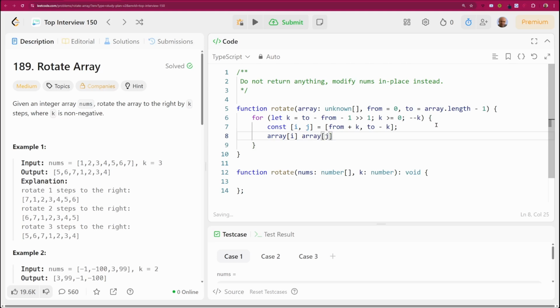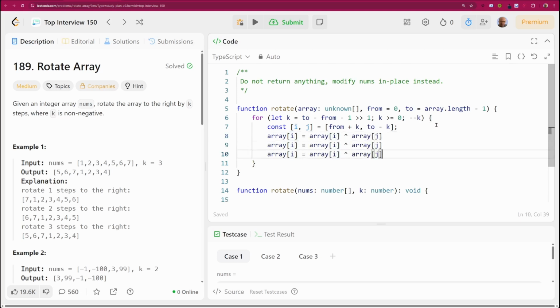And to swap these, I'm going to use a technique to swap them without using any additional variables. So these three lines will achieve swapping array i and array j.